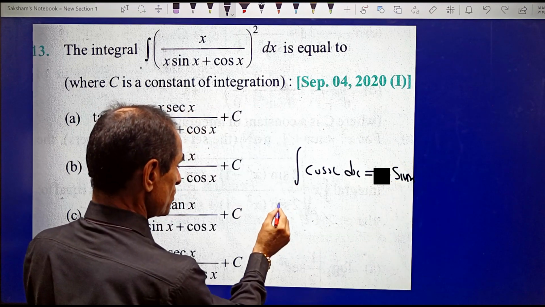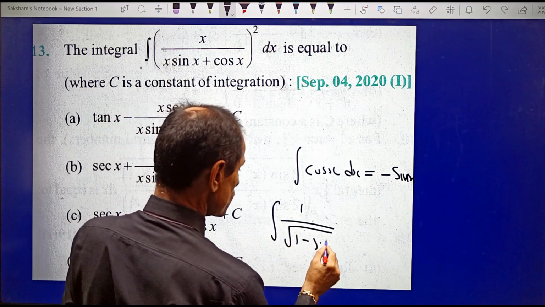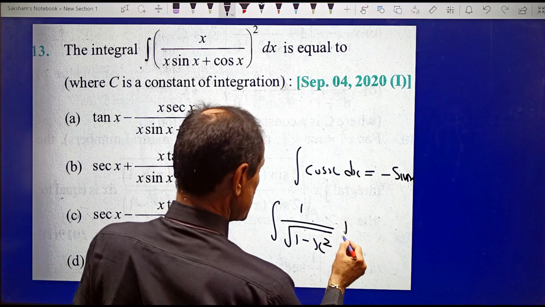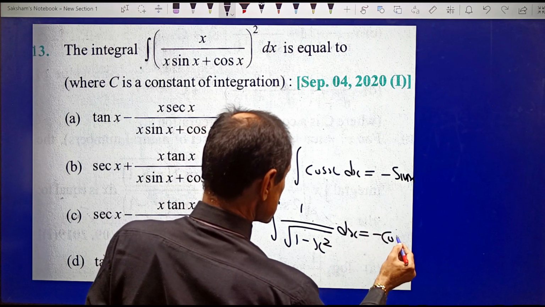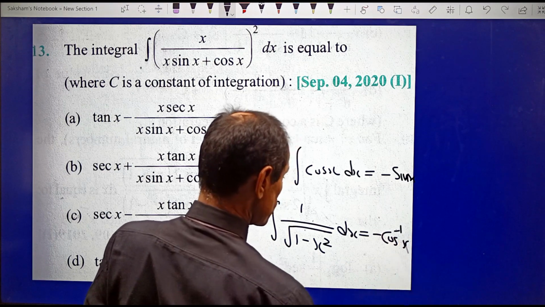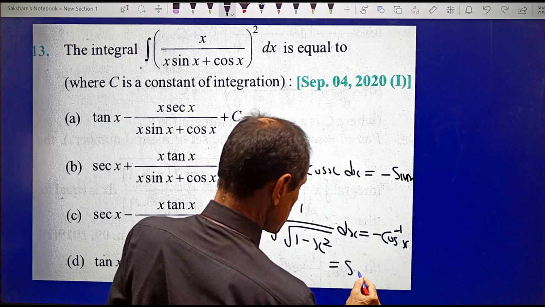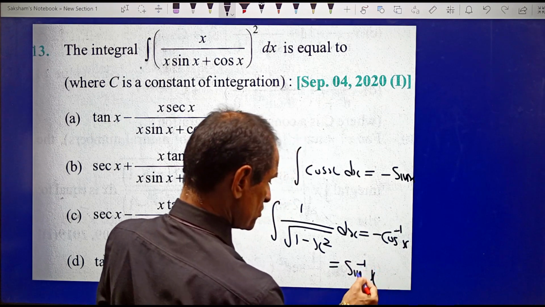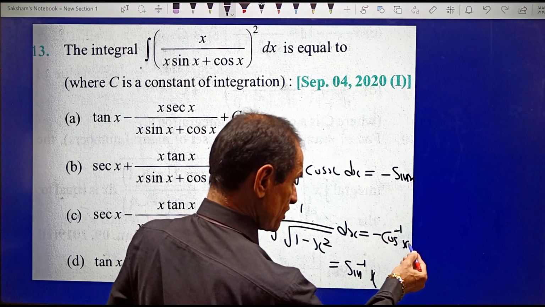For example, the integral of 1 upon under root dx is minus, we know this thing, and the integral is, this is also true, but the constant of integration is also there.